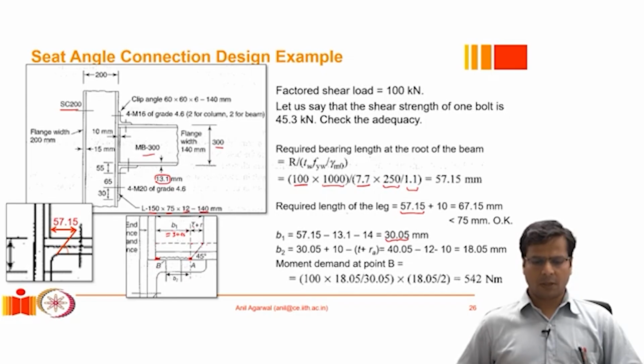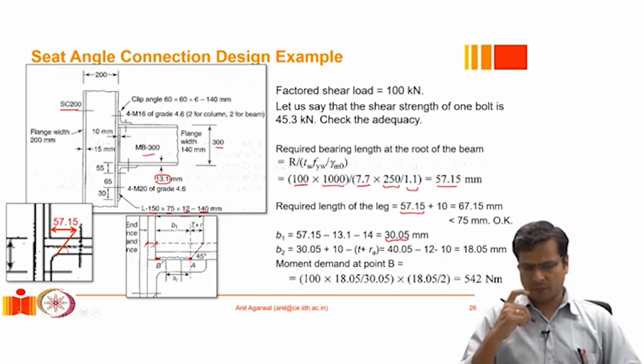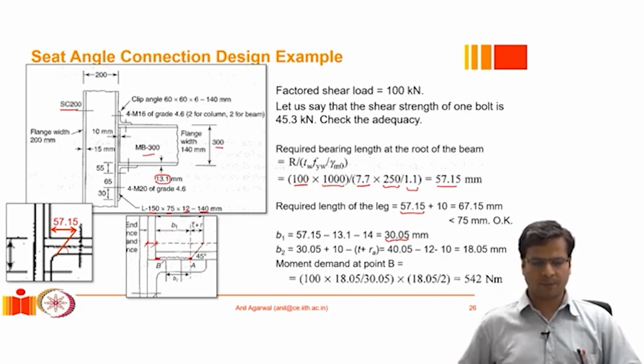All right. Now, the leg, of course, needs to be longer than that, right? So the leg can be taken as whatever the total length of this force was. In addition to that, we will add an additional 10 millimeters to account for the gap between the beam and the supporting column, which gives us 67.15 millimeters.